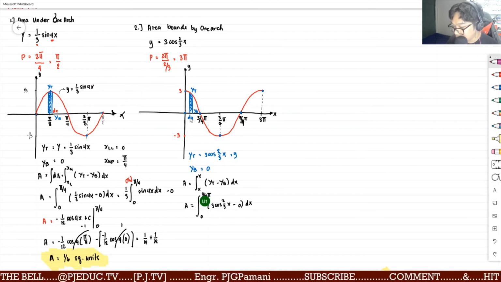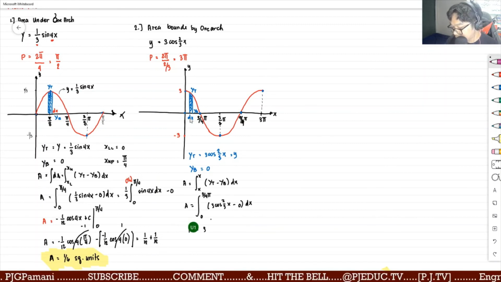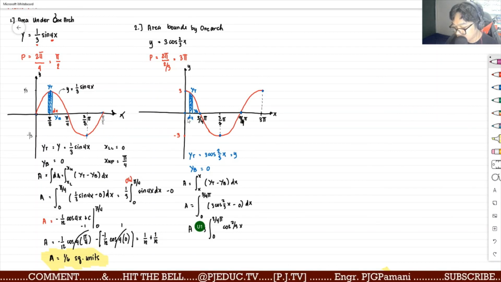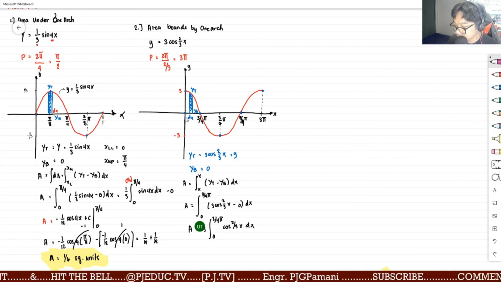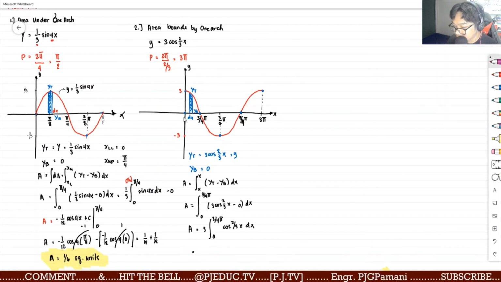Integrate nyo na lang. Alam nyo naman yan. That is 3, 0, 3/4 pi of cosine 2/3 x dx. So, mag-introduce tayo ng correcting factor na 3/2. Then, multiply that to 3. 3/2 times 3 is 9/2. Right? Then, integral of cosine is positive sign.